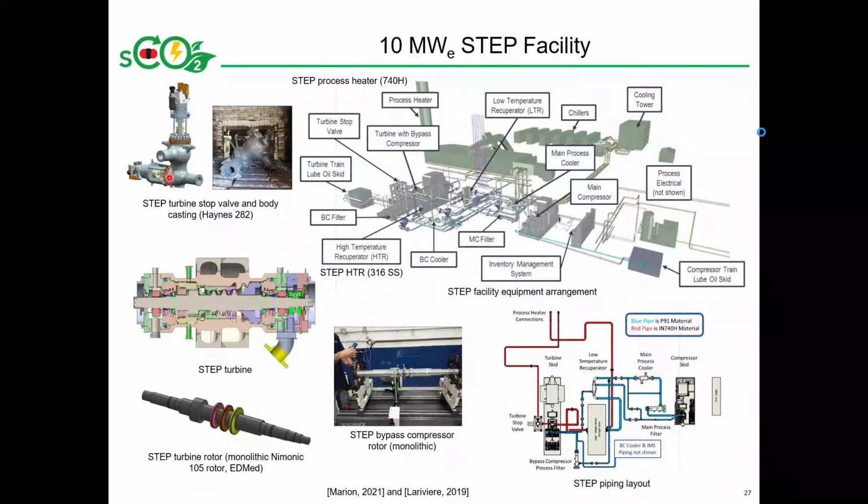The sCO2 turbine stop valve, which is located here and here in the facility arrangement, the body of that stop valve was cast out of Haynes 282, and again, that's one of the new materials that was just recently code qualified, and it was quite a long process in doing that.